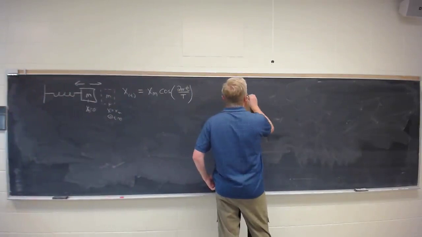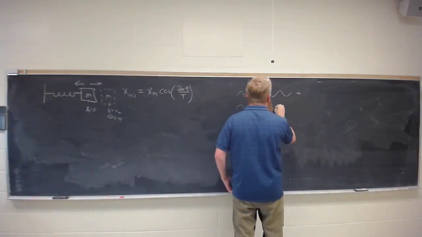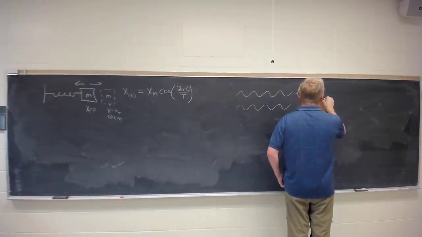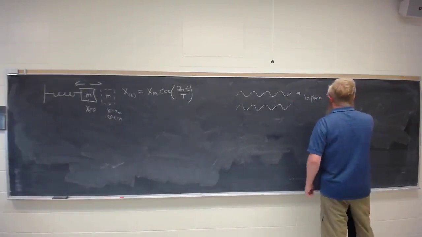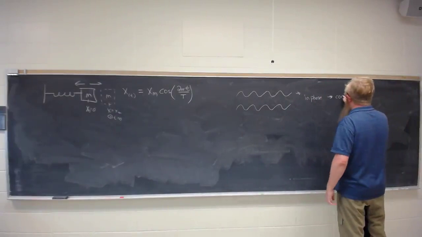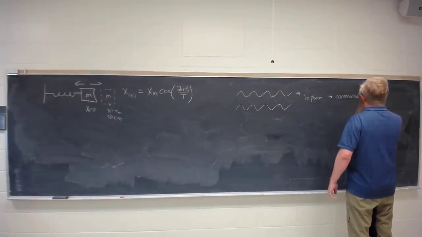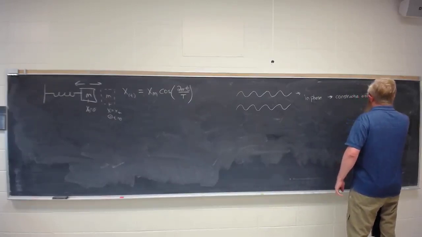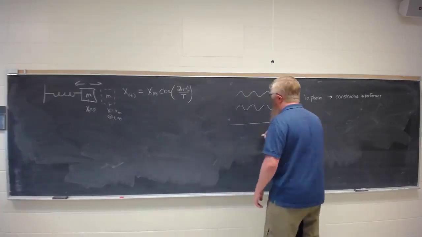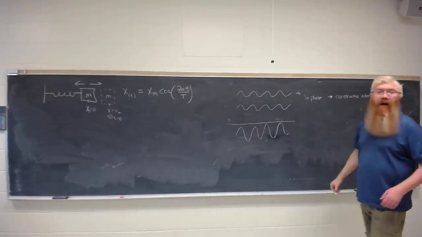So if you have two waves coming together, if they're in phase, you can get what's called constructive interference, where, when you add these waves together, you get a much bigger wave, higher amplitude.